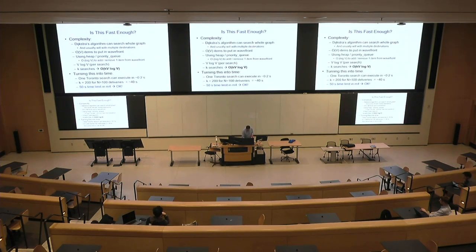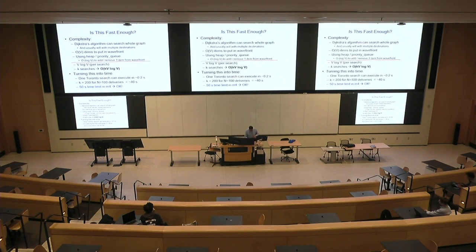So we are going to go through V vertices, all of our intersections. We're going to put them into the wavefront. The wavefront is going to sort them. It's our priority queue, so it's logarithmic. In the worst case, we have every single node in the wavefront. In practice, it won't be that bad, but it doesn't really matter. Logarithmic's not very big.